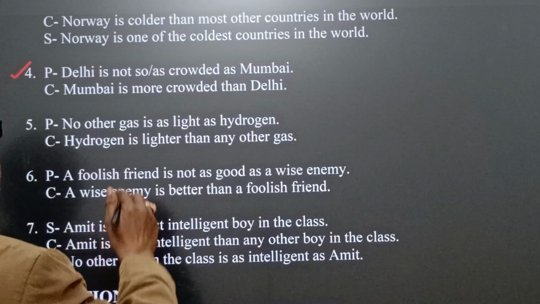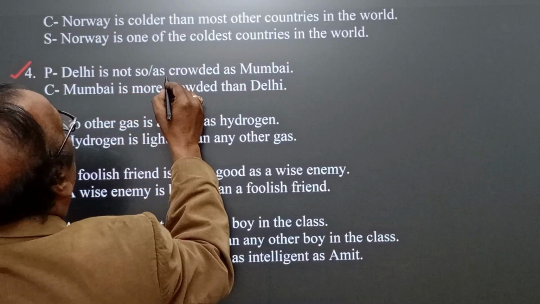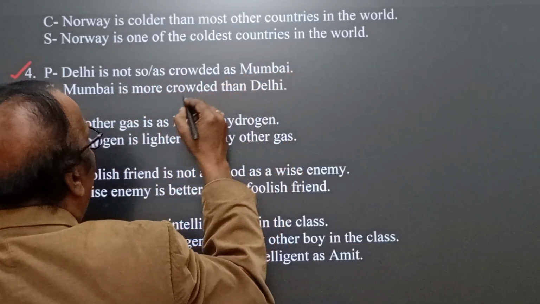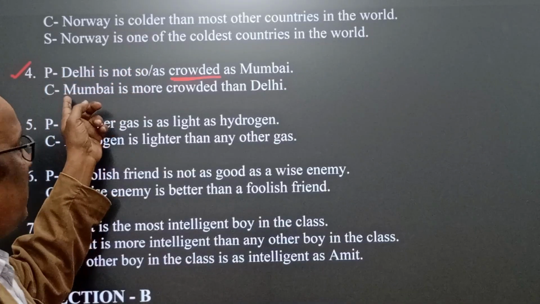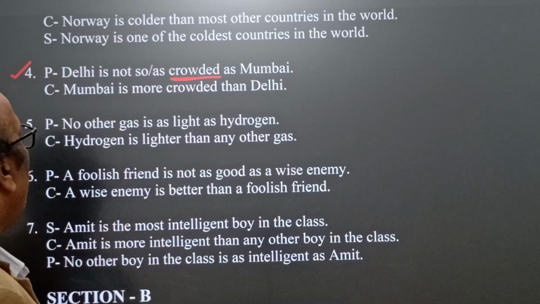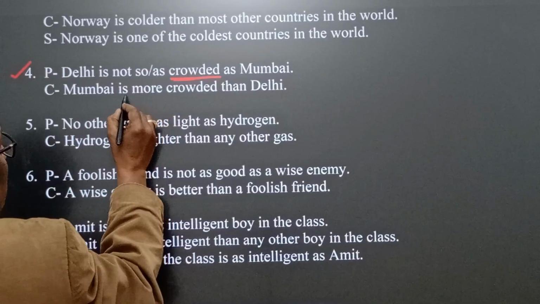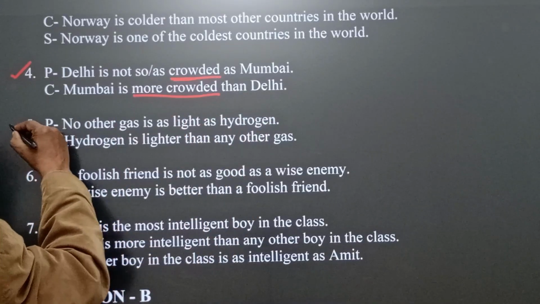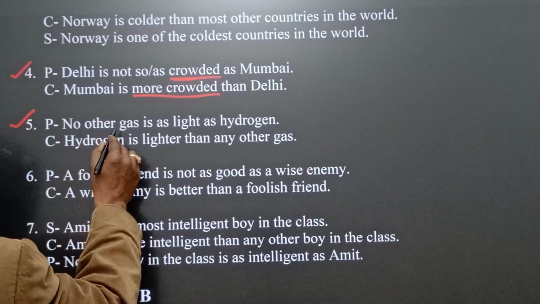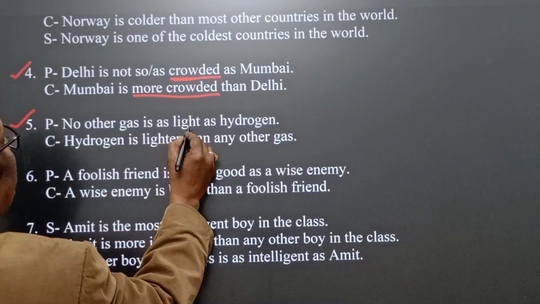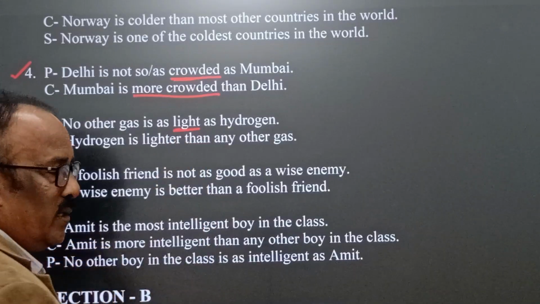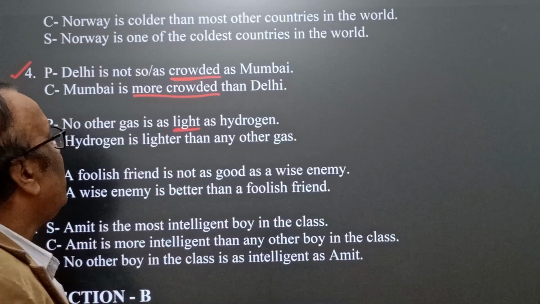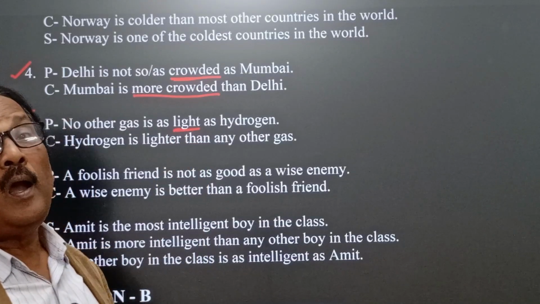Example 4: Delhi is not so or as crowded as Mumbai. If we change it into comparative, then we find Mumbai is more crowded than Delhi. Next, point 5: no other gas is as light, light being the adjective of positive degree, as hydrogen.